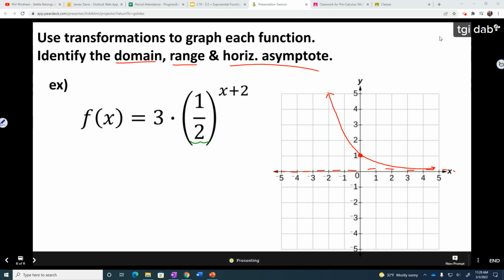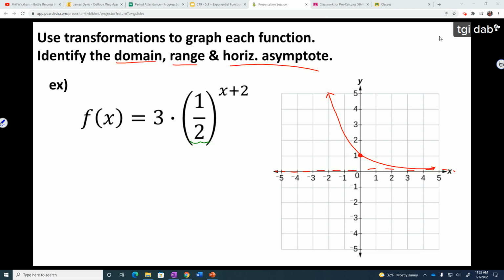Okay, so let's figure out everything we've got going on here. This is just the base, so we don't have to worry about that 1/2. This tells us we're going to stretch it. Okay? And then up here, this is going to tell us to go left.